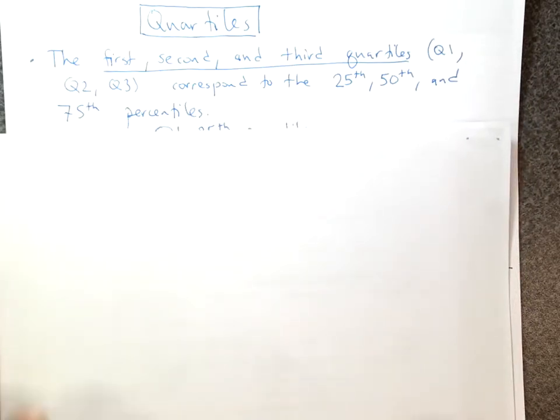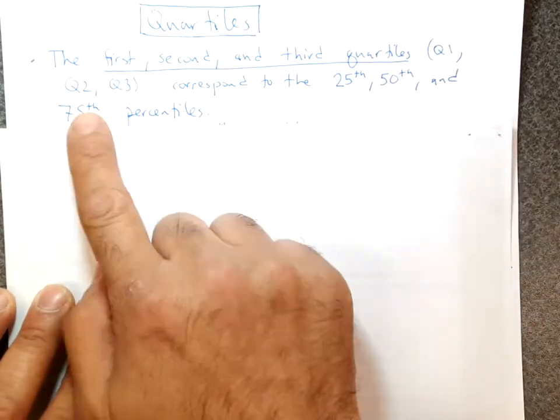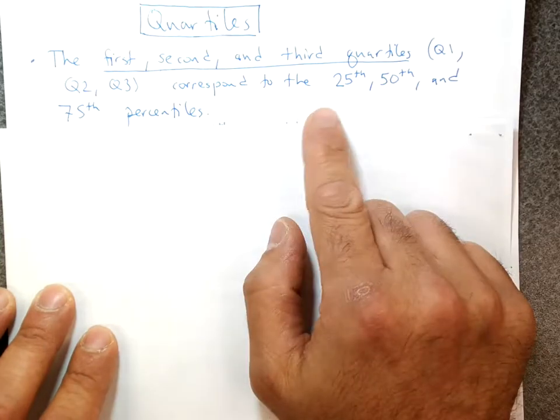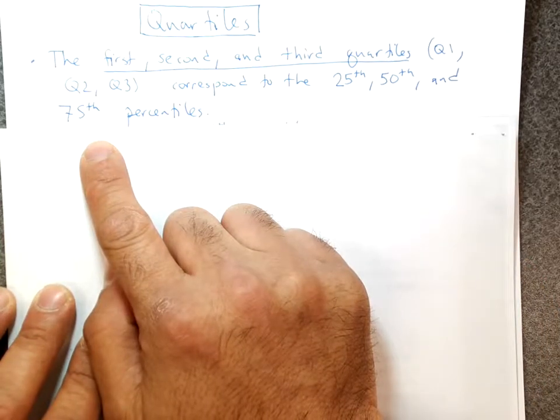Quartiles. First, the definition. There are three quartiles. The first, second, and third quartiles, which we denote Q1, Q2, and Q3, correspond to the 25th, 50th, and 75th percentiles. So the work we did on finding the percentiles, that's the work we're going to do to find the quartiles.